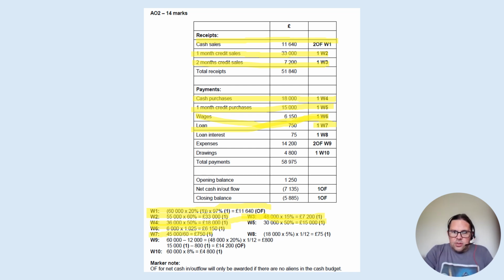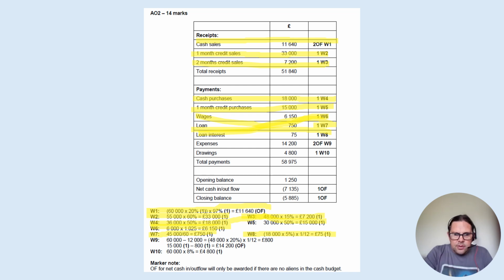Like I said, 45,000 divided by 60 gives us our £750 repayment. We've then got to factor in that we've got the interest. So like we said, 5%, and a month of that is £75. Kicking along here.